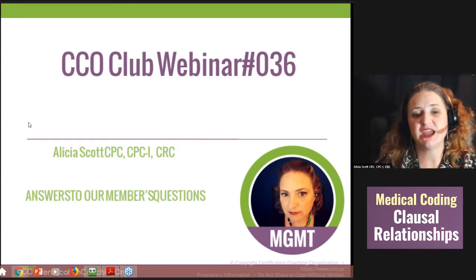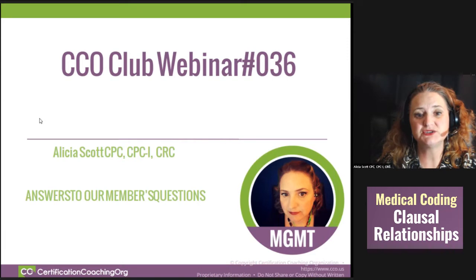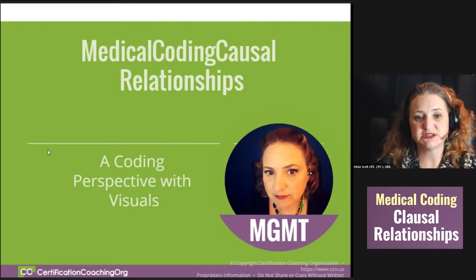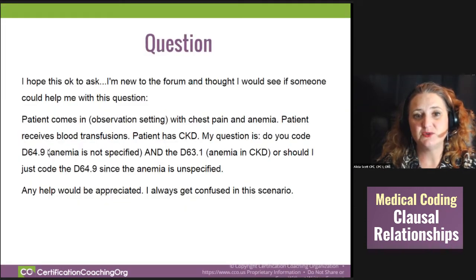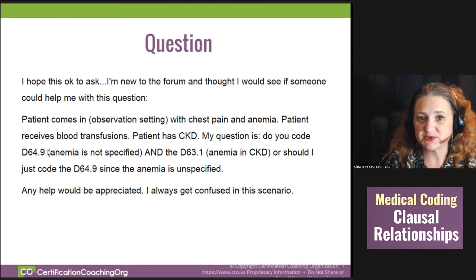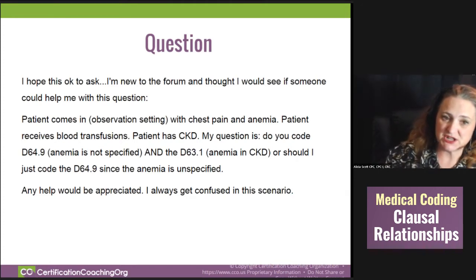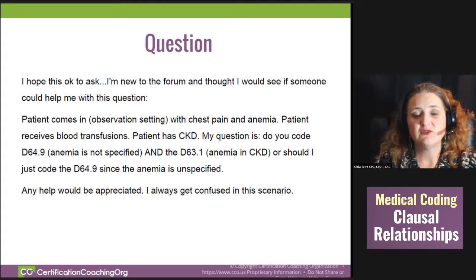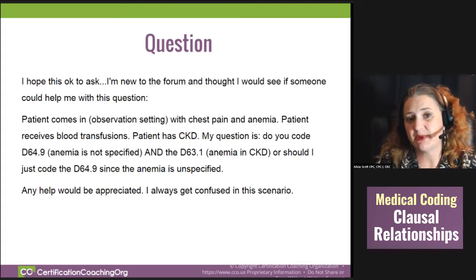Well, this question came into the club and I wanted to highlight some other information. So it's medical coding causal relationships, and we're going to give you a coder's perspective of that. This is the question that actually came in. She wanted to know, we have a patient that comes in with chest pain and anemia.